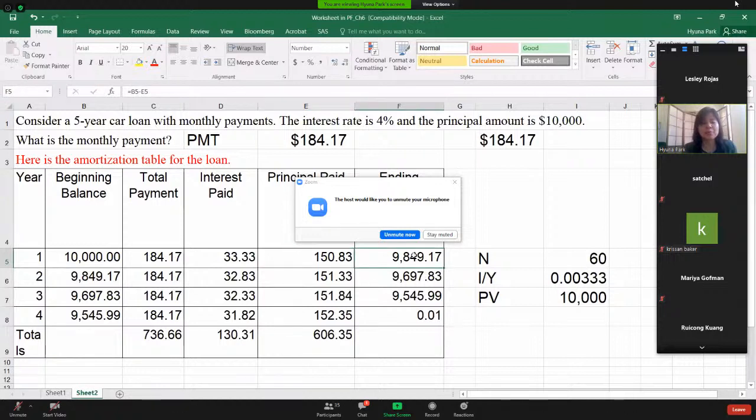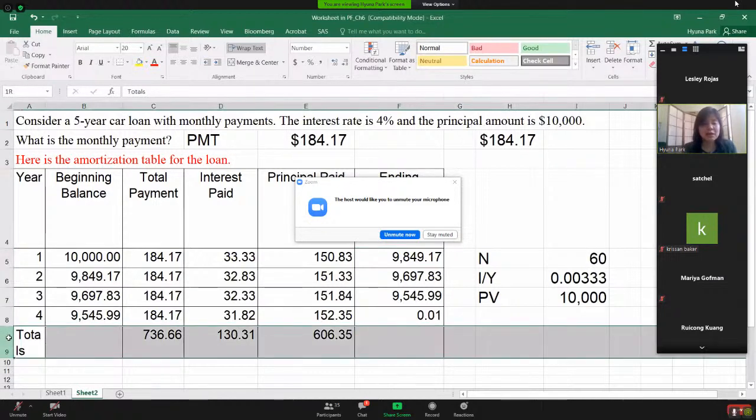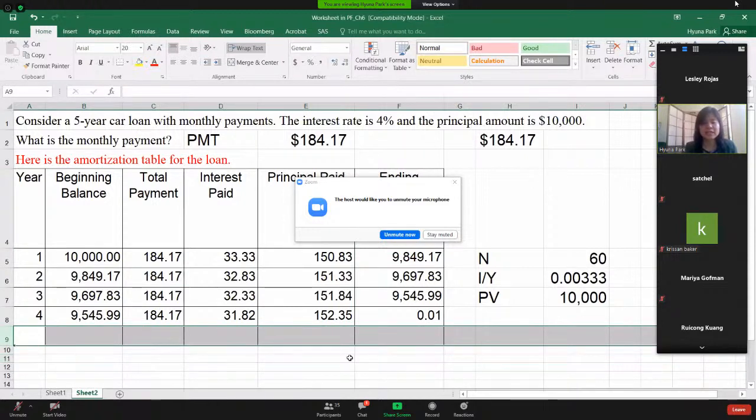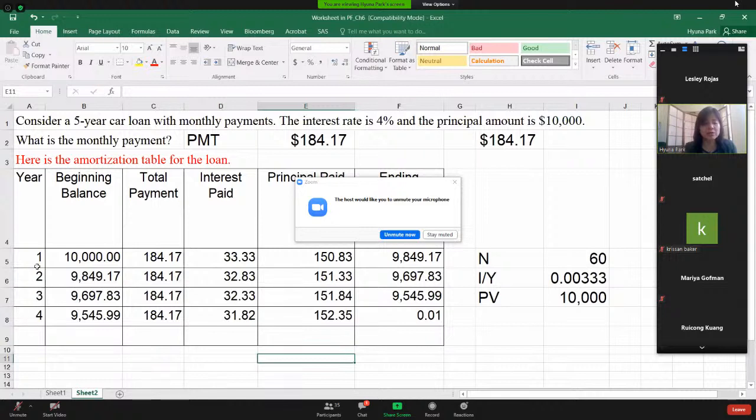And then we subtract. Oh, we should not stop here. So we will delete this, and we will keep going. 1, 2, 3, 4. What period should we keep going to? 60. So we should keep going to 60.